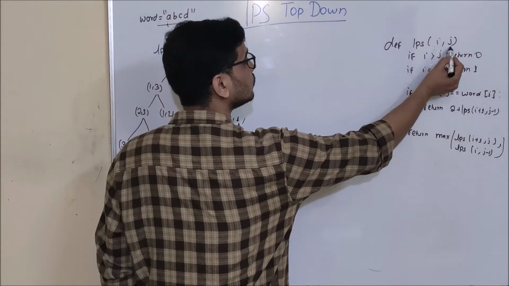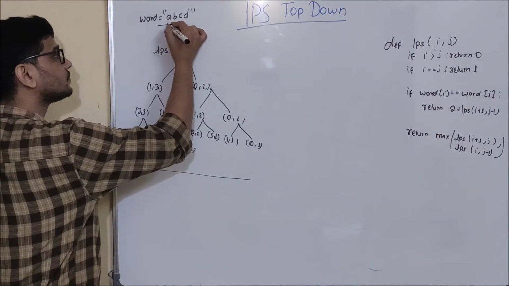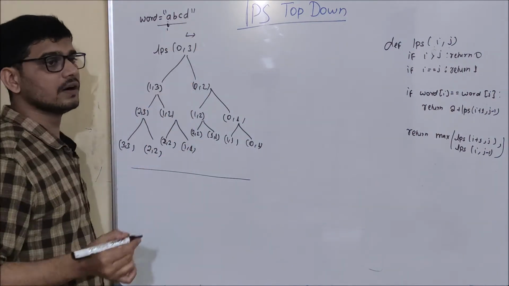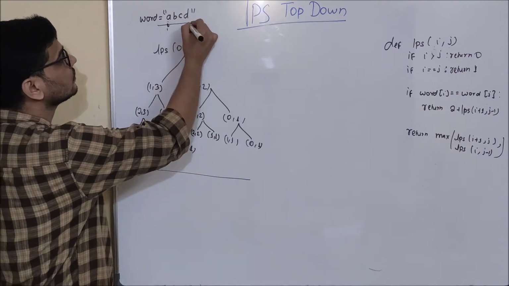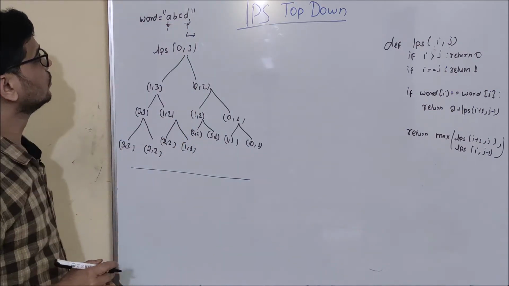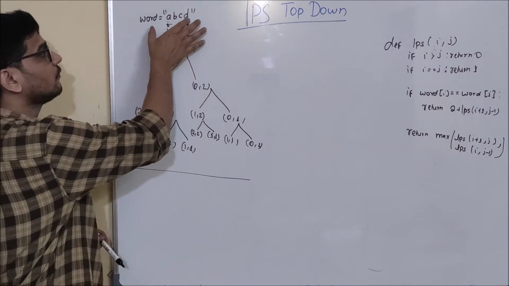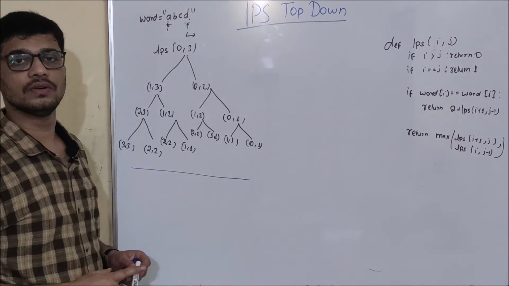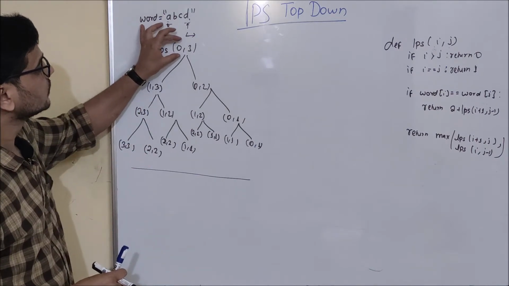and one more thing, if you remember from my last video, what are I and J here? I is the index of the first character and J is the index of the last character. Correct? So when LPS of 0, 3 is called to find the LPS in this word, how many different values can it take?